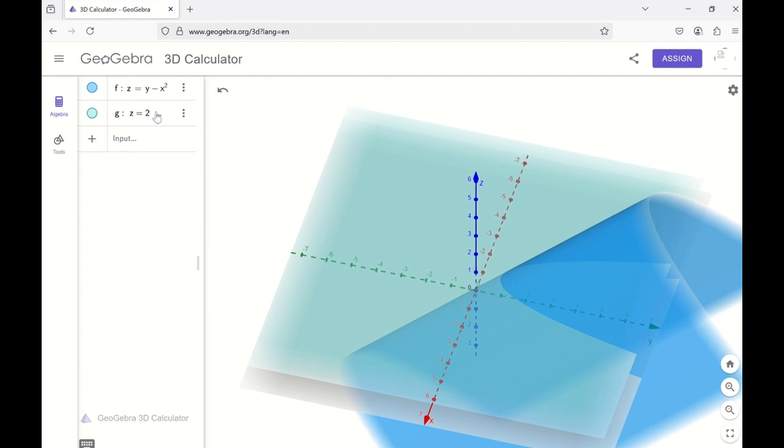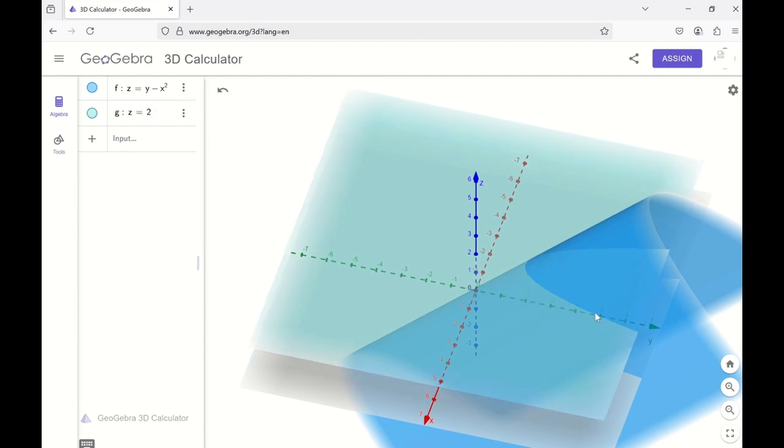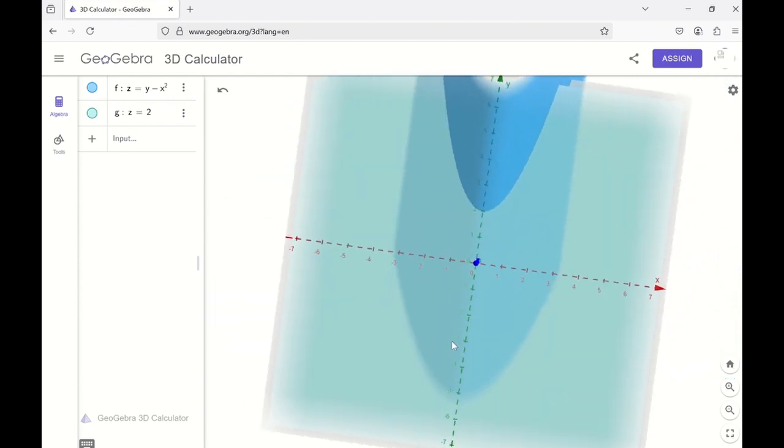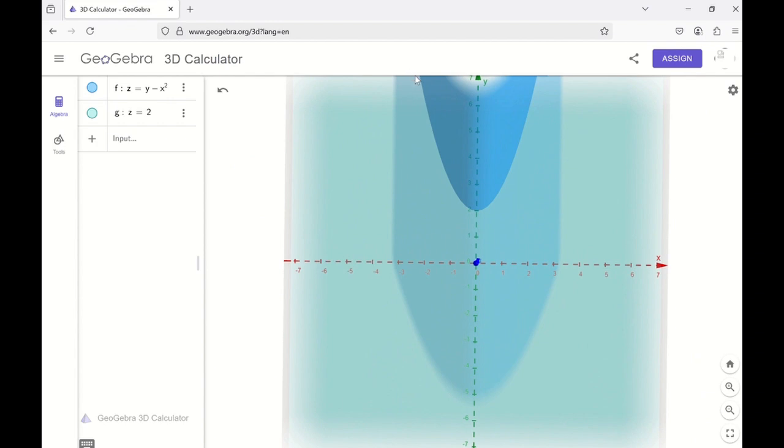If z is equal to 2, this plane will go 1 unit higher, and it will cut through this surface in that parabola. So the parabolas that we're using are the level curves that we computed earlier.